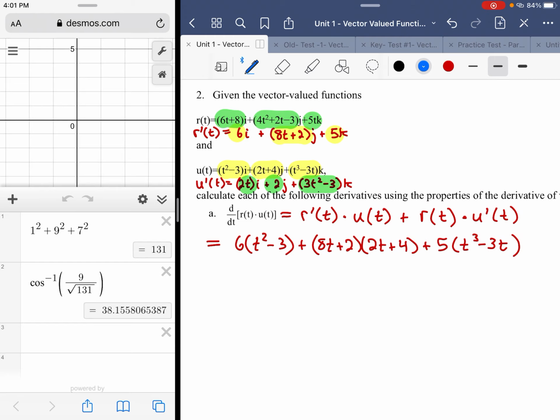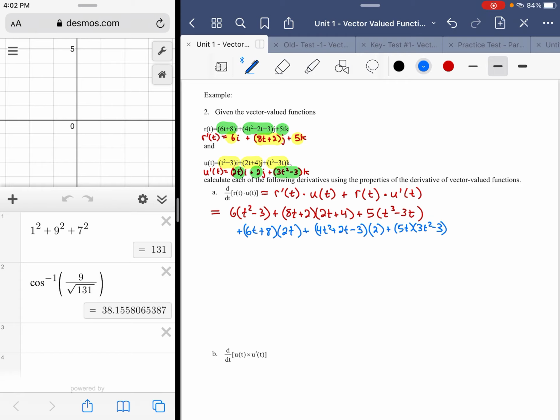So 6t plus 8 multiplied by 2t, plus 4t squared plus 2t minus 3 multiplied by just a plain old 2, and then a 5t multiplied by 3t squared minus 3.